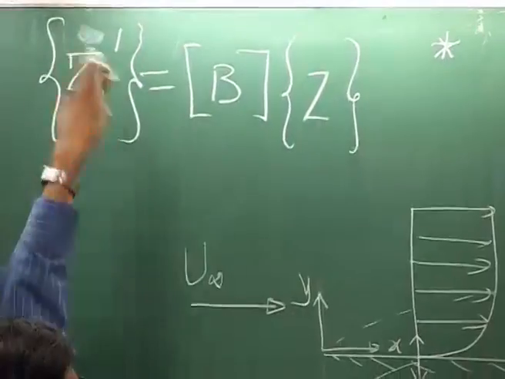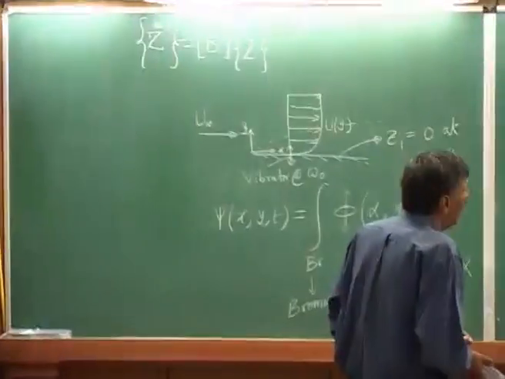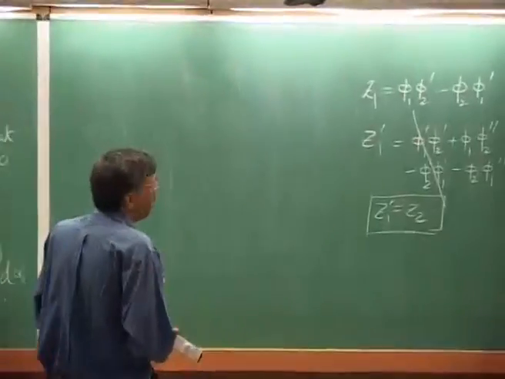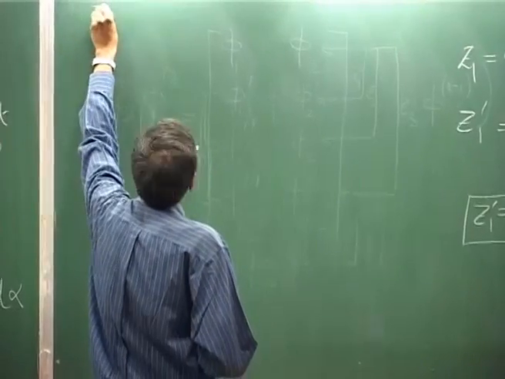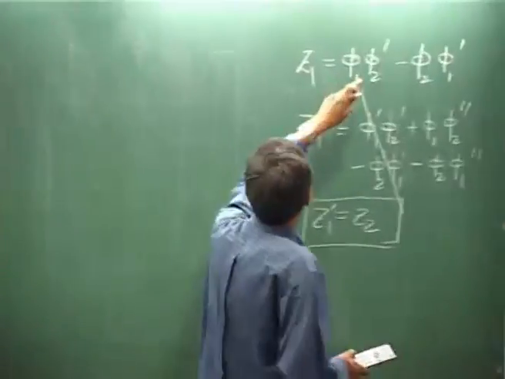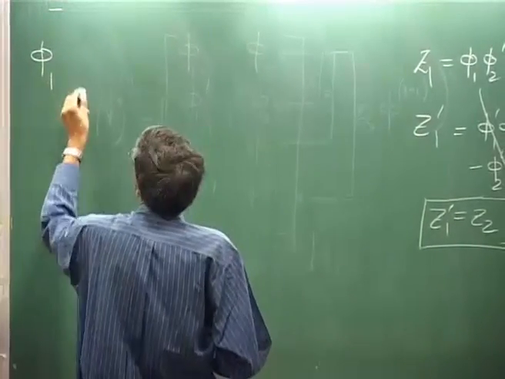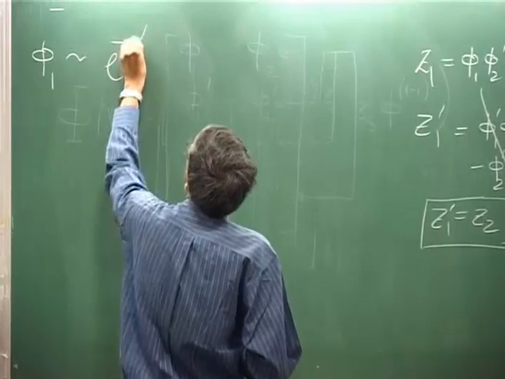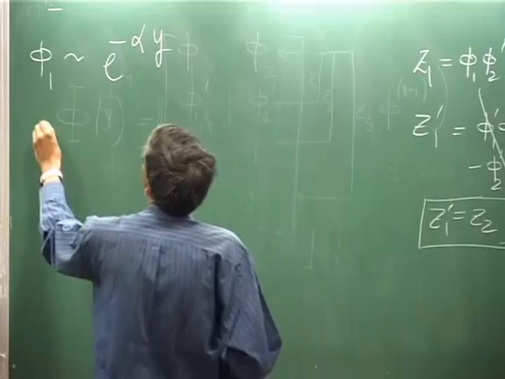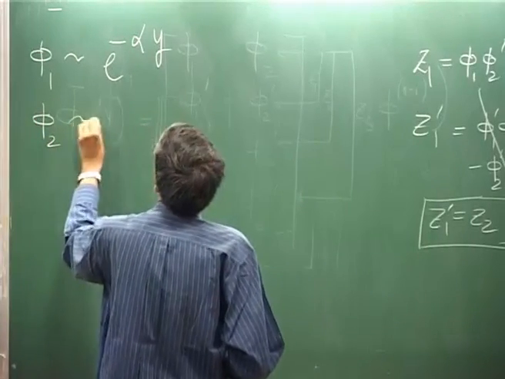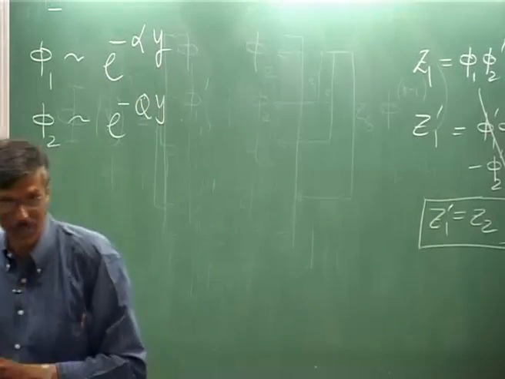So, this Z prime will have those Z1 prime, Z2 prime that we have already evaluated. Now, what you have noticed, and I am taking a little time to explain this to you, was Z1 is this, right, and what we found is that phi 1 in this case goes as e to the power minus alpha y, and phi 2 in this case goes as e to the power minus q y. We have worked it out, right.